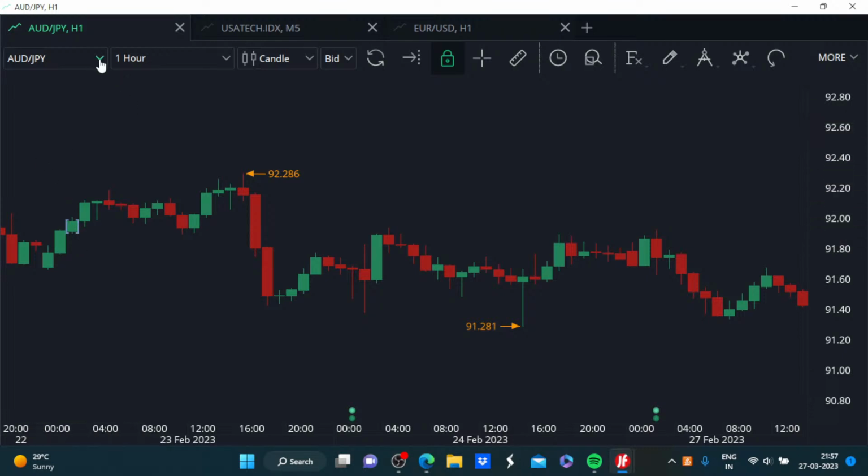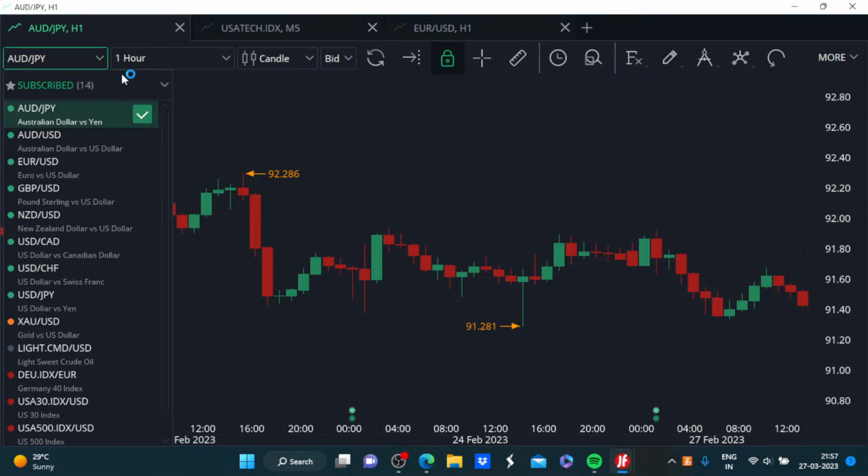Let us try out this formation on the euro usd as well.